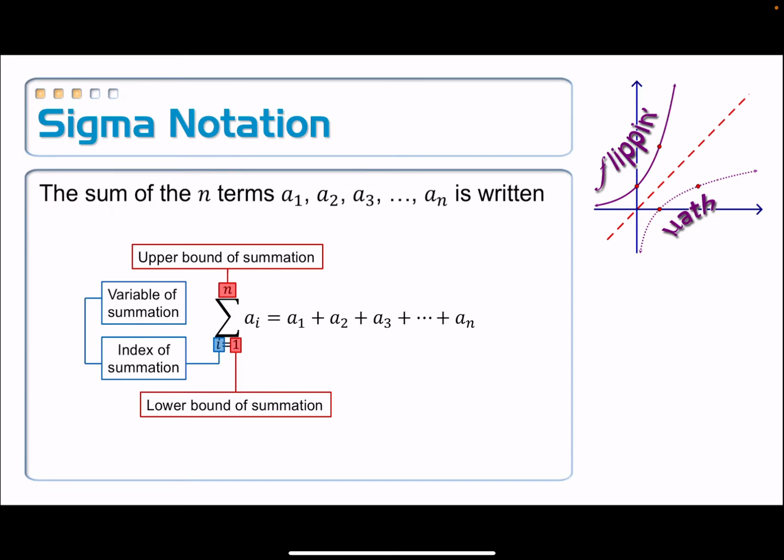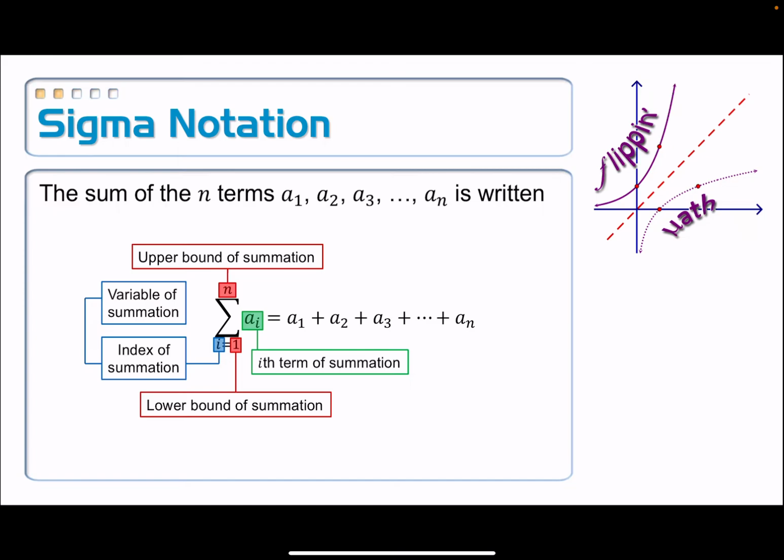Now, sometimes this is an n and it looks like a variable, as in I'm going to keep it generic, or sometimes it is a number. I'm going to start from 1 and I'm going to count up to 10, or I'm going to count up to 100.